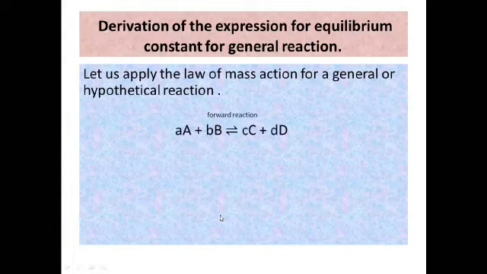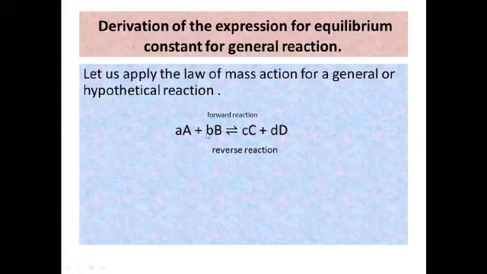Let us take the example of a moles of capital A, any reactant, reacting with b moles of any reactant B, to give c moles of capital C and d moles of capital D. So you can see small a, small b, small c, small d are the number of moles, and capital A, capital B, capital C, capital D are the reactants and products. Capital A and capital B are the reactants, and capital C and capital D are the products.